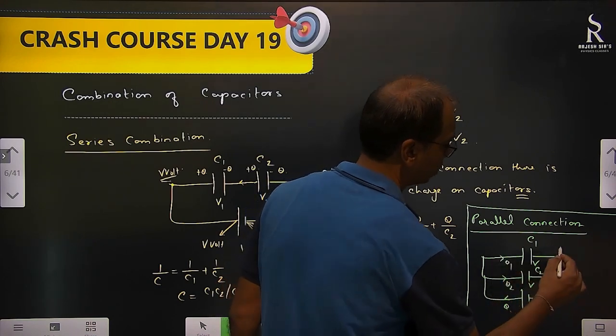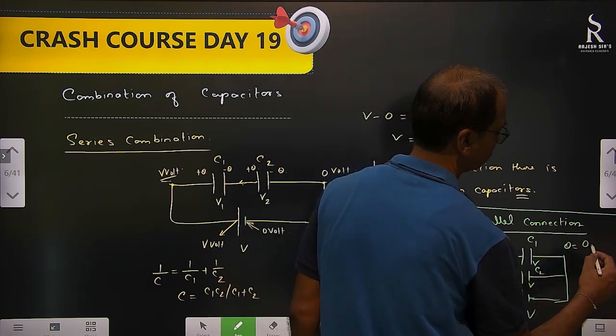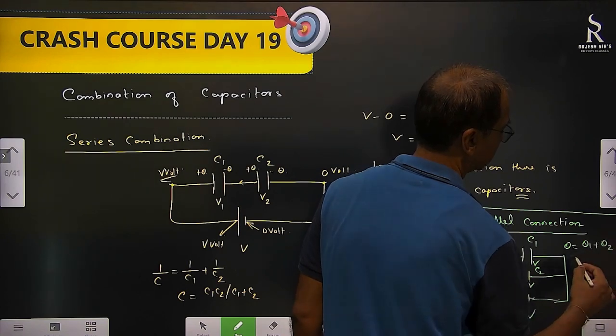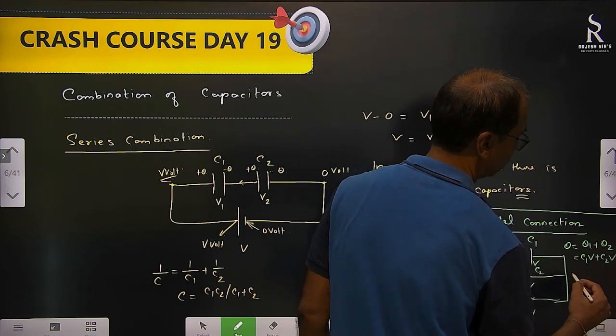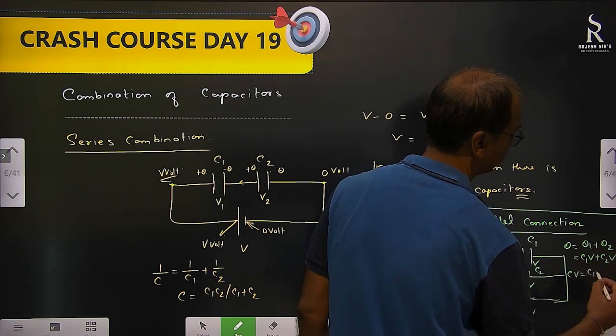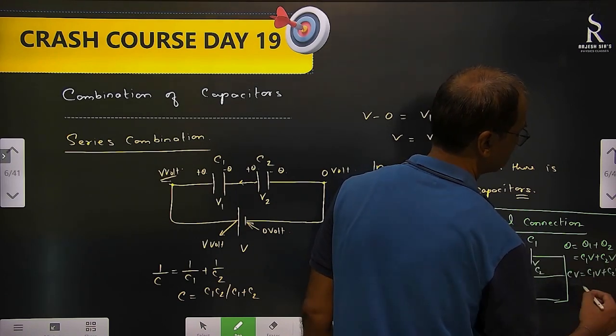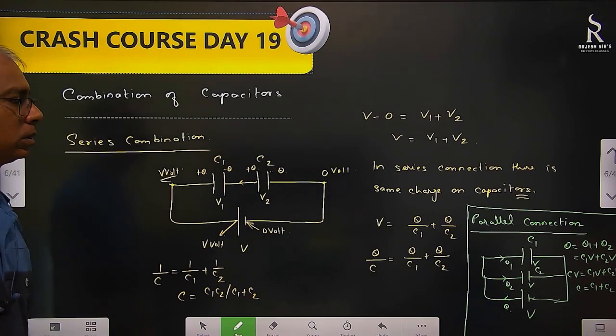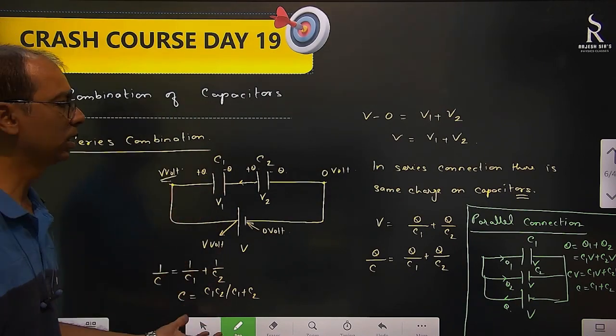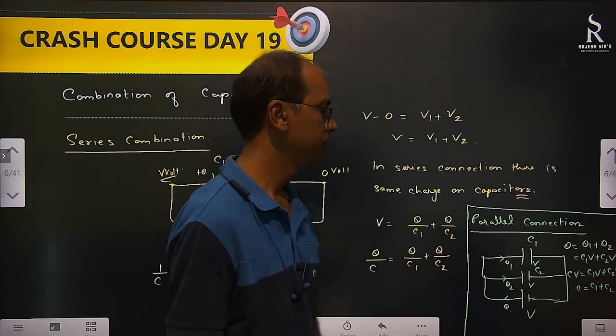So Q equal to Q1 plus Q2. What is Q1? C1V. Q2? C2V. So CV equal to C1V plus C2V, that is C equal to C1 plus C2. This is parallel connection. This is series connection, this is parallel connection.